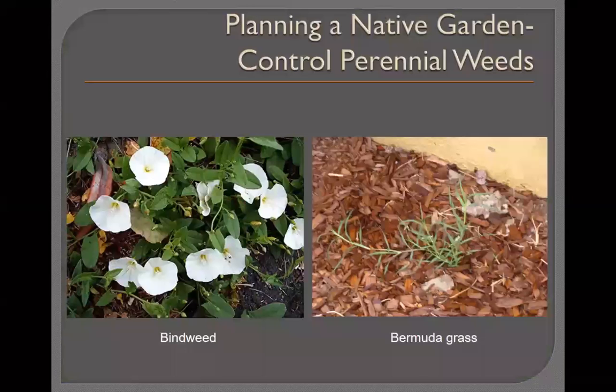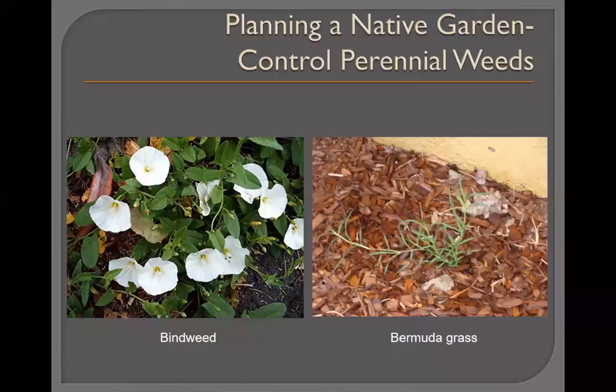The other thing to think about is controlling perennial weeds, bindweed, Bermuda grass, getting those under control. I've made the mistake time and time again, and I wish I hadn't, because I go in and rush getting an area planted before I have these weeds under control.